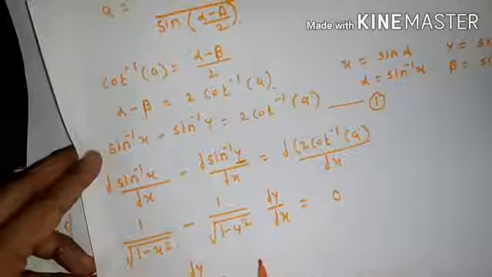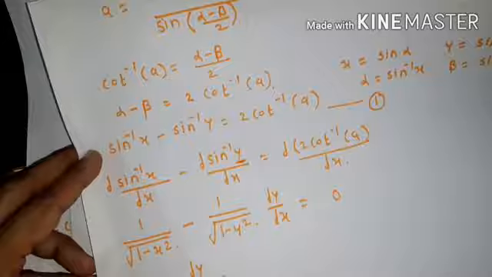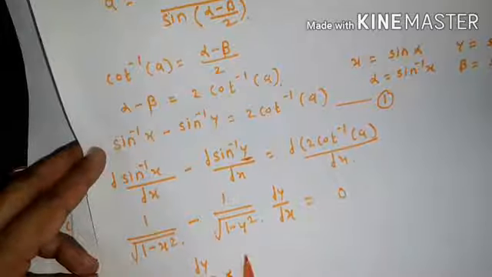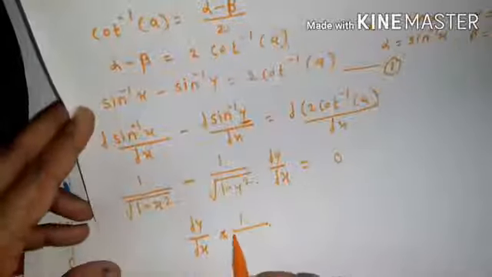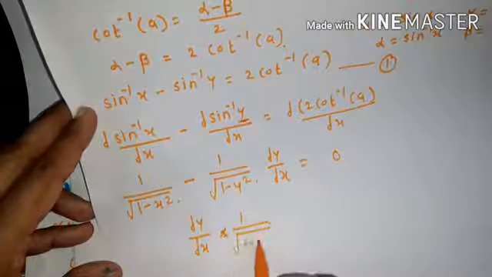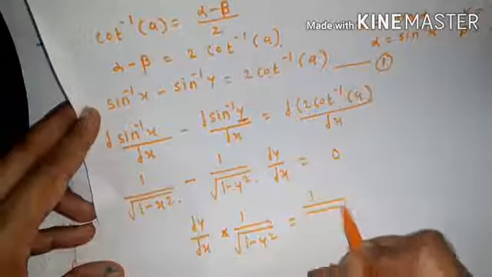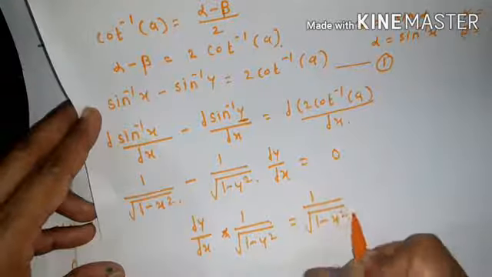That's why 1 upon square root of 1 minus x square minus dy by dx into 1 upon square root of 1 minus y square equals 0.